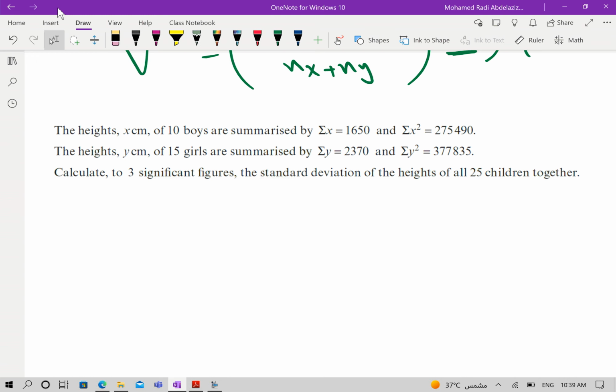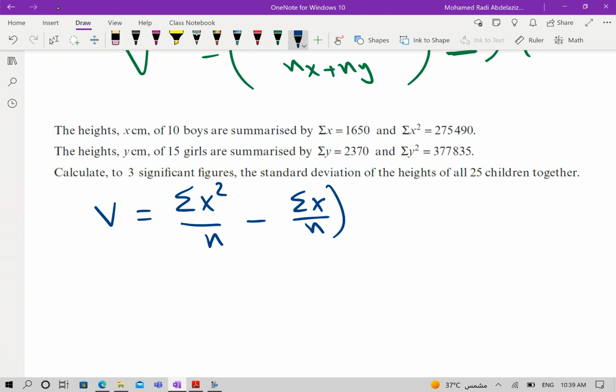To get the variance for only one set, variance is summation of x squared over n minus summation of x over n the whole squared. But we have two groups, combine them. Use summation of x squared and summation of y squared, but divided by the number of values of x and values of y. When you subtract, you have to get mu of both.